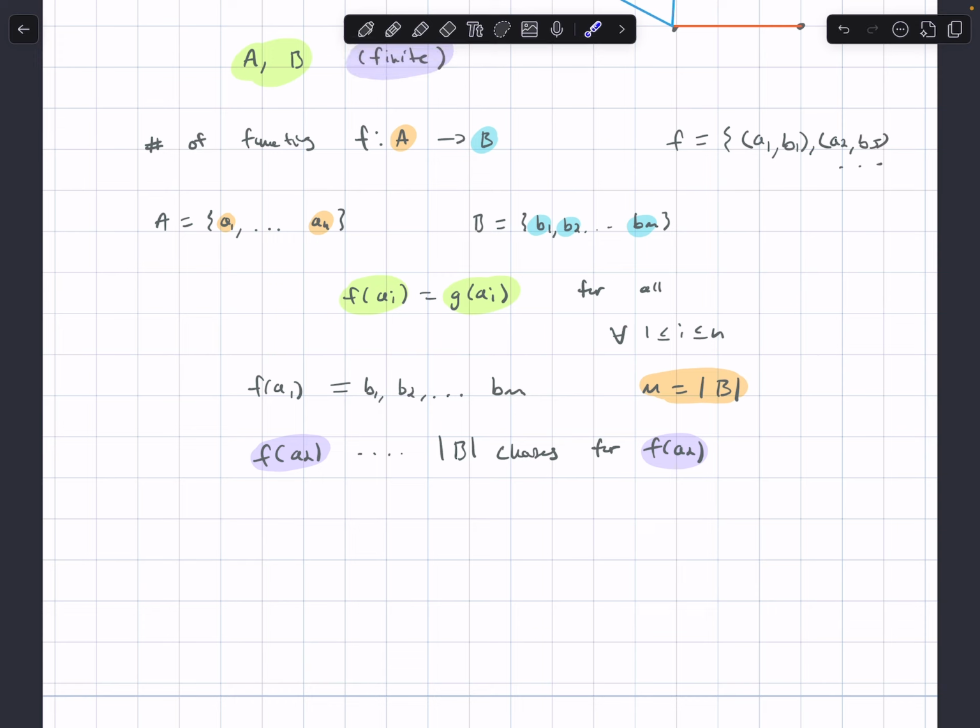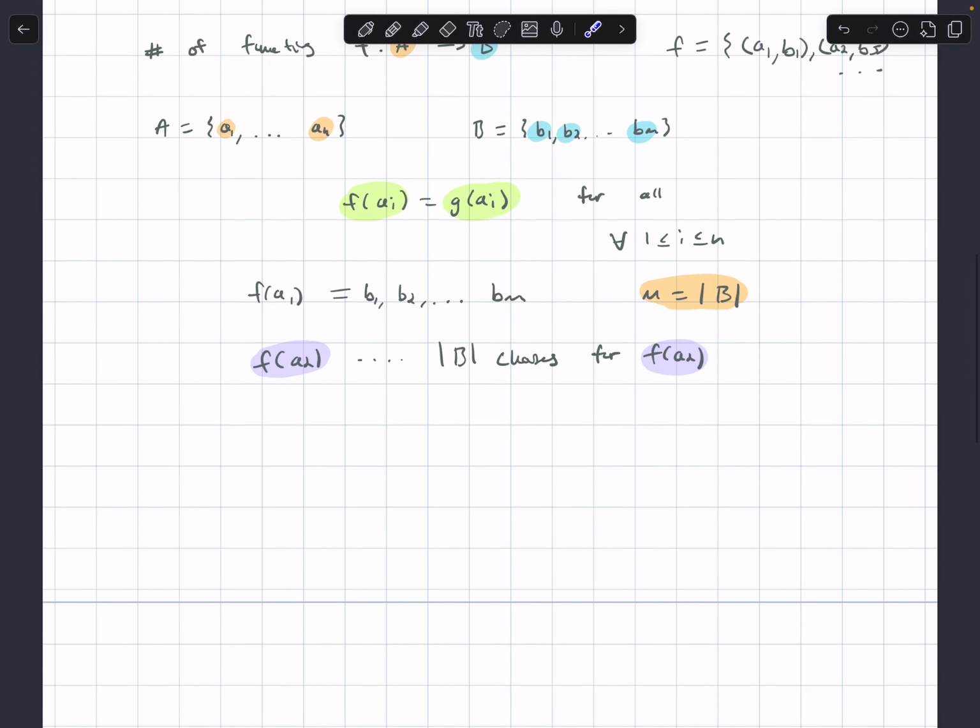Any way of choosing these ordered pairs is a way of making a distinct function. If you change one of them, then you change the function, right? It will be different from the function. If I changed a1 to be sent to b3, then this function now would be different from the function that sends a1 to b1.